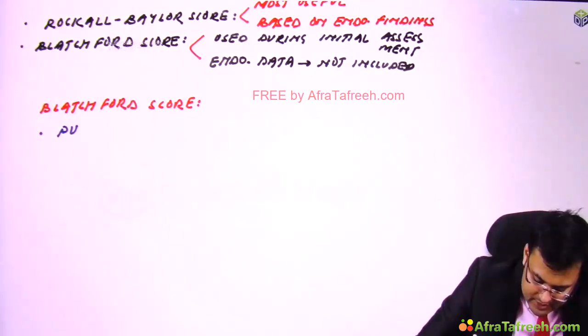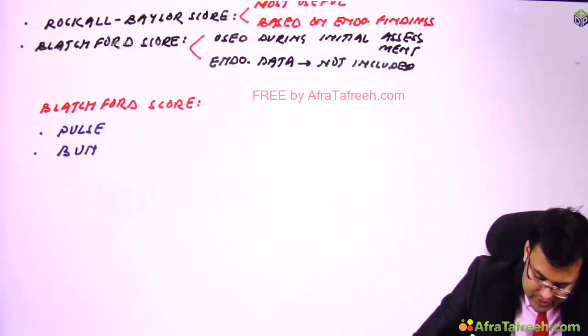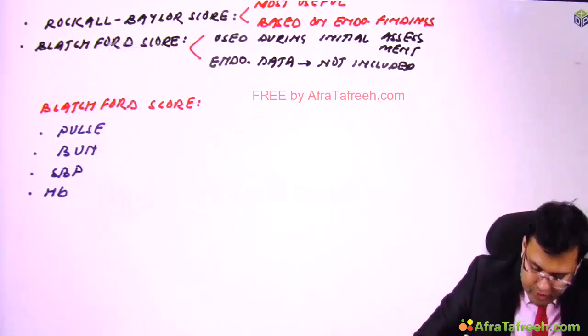First, pulse. Second, blood urea nitrogen. Third, systolic blood pressure. And fourth, hemoglobin.